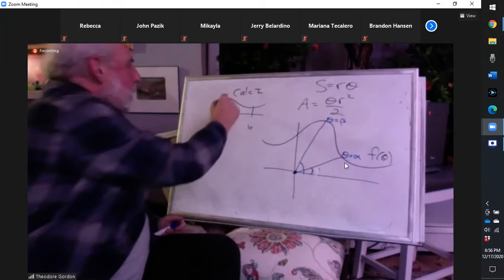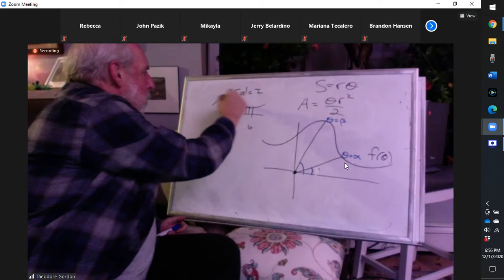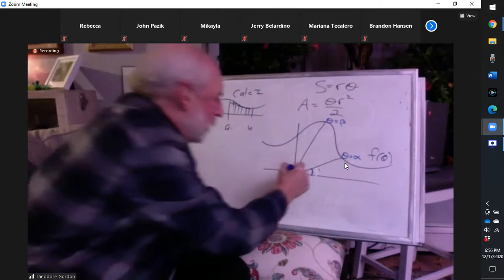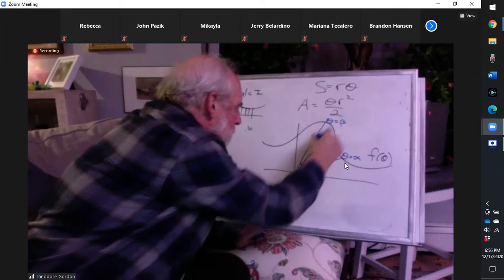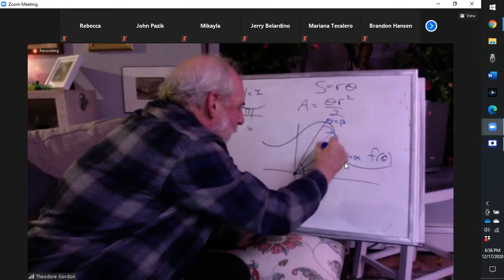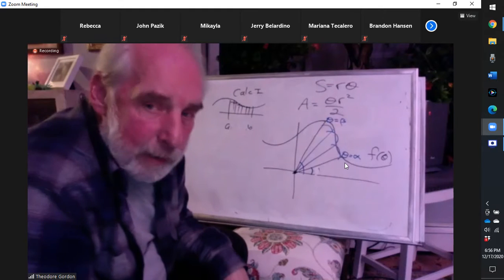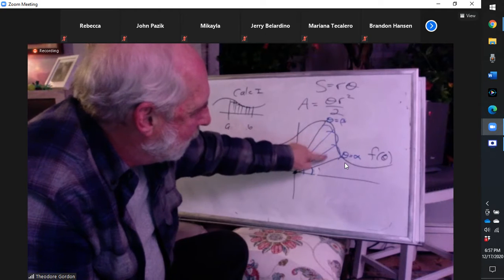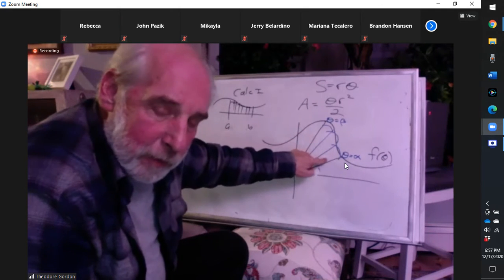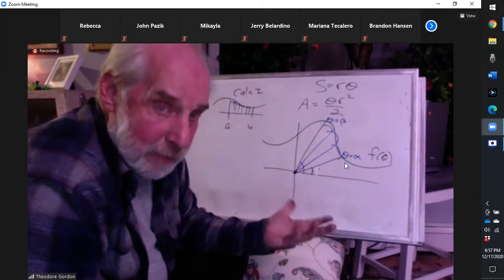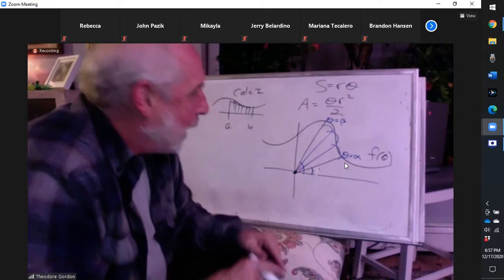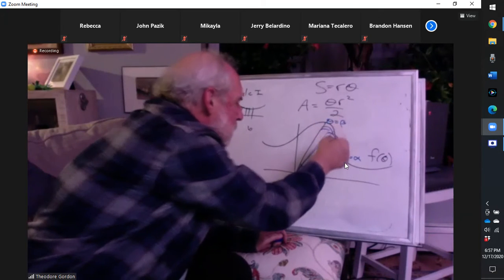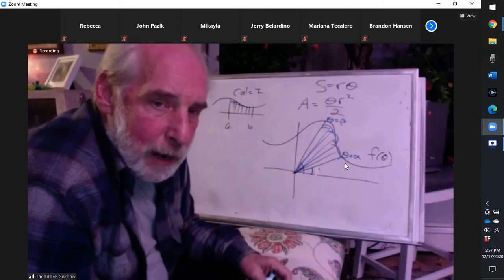To figure out this area, we make everything into rectangles. And here, we're going to make everything into slices. There's a sector, there's a sector, there's a sector. So to estimate that area, we can figure out the area of each one of these sectors and add those 3 areas up. That would be an estimate of the area. To make that estimate better, we just throw in some more sectors. Now the area is more and more accurate.